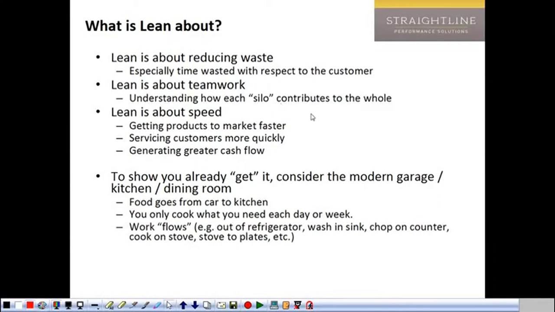But the argument for why speed is important is really about getting products to market faster, servicing customers more quickly, and also generating better cash flow. Most Lean practitioners talk about all three of those things. Now, most of basic Lean you already get, but what I can tell you is that in a lot of practices, people aren't focused on eliminating waste.